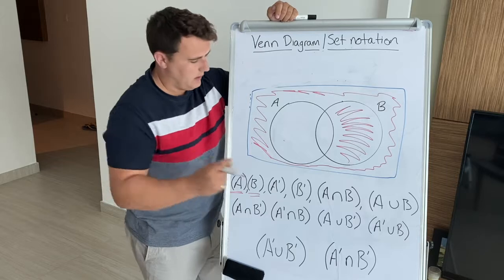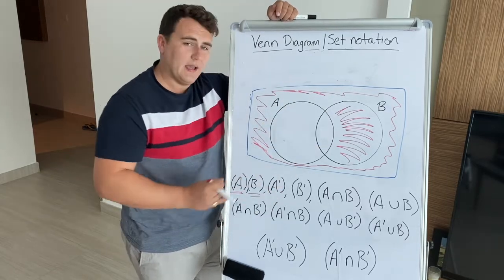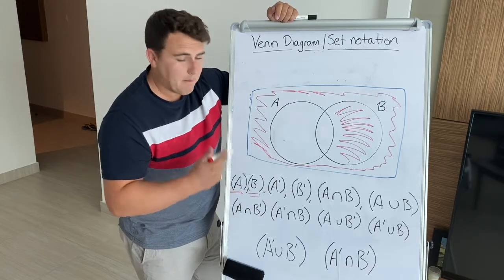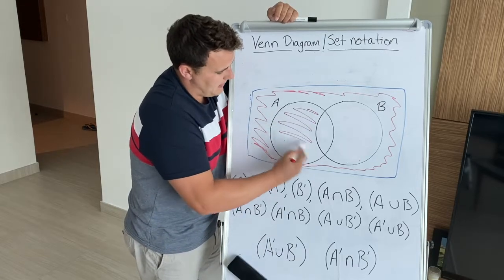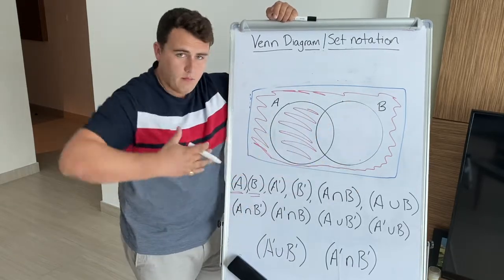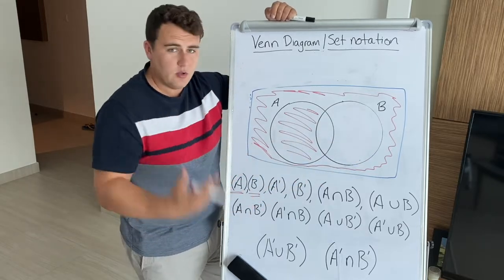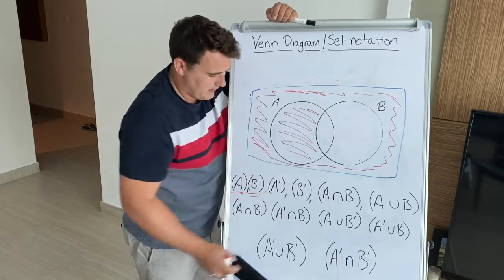The only bit it wouldn't include is A itself, because we want everything that's not A. So A dash means not A. And B dash means not B. So we want all the outside, but not B at all. We don't want B, because we just want everything that's not in B, which would be everything in A that's not in the centre, and everything around the outside.